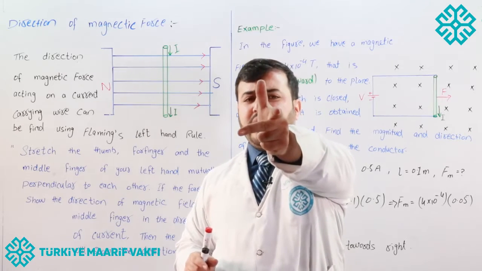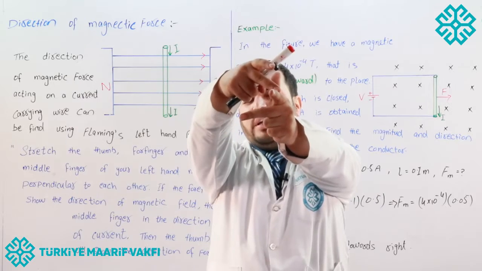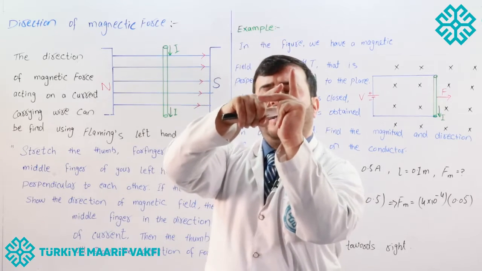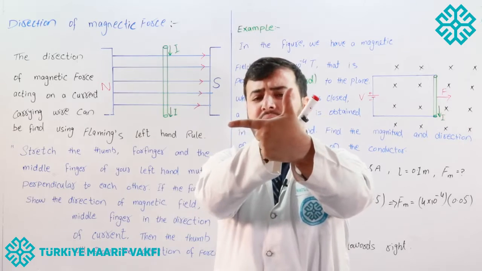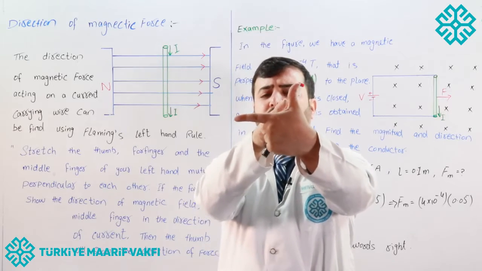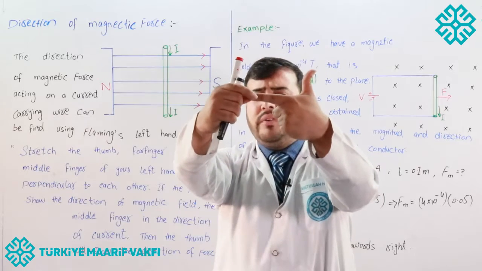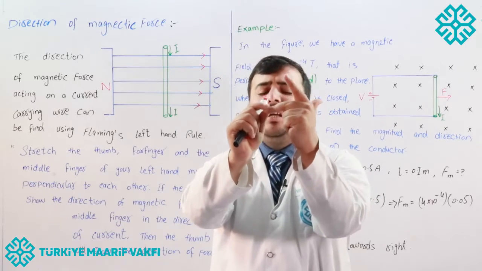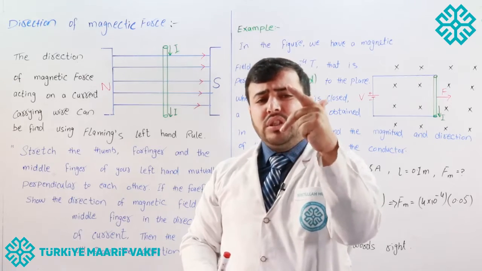Here you can see the angle between the middle finger and the forefinger is 90 degrees, and the angle between the thumb and the forefinger is also 90 degrees.